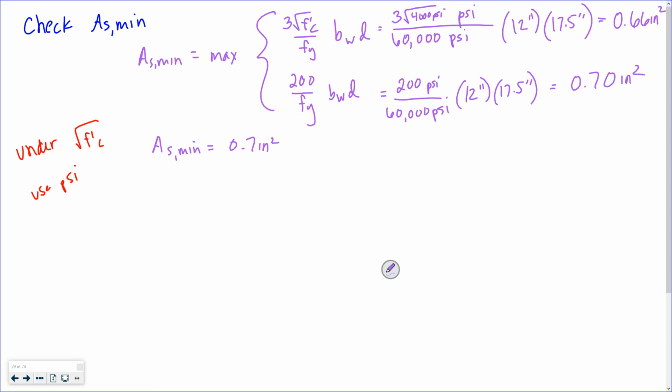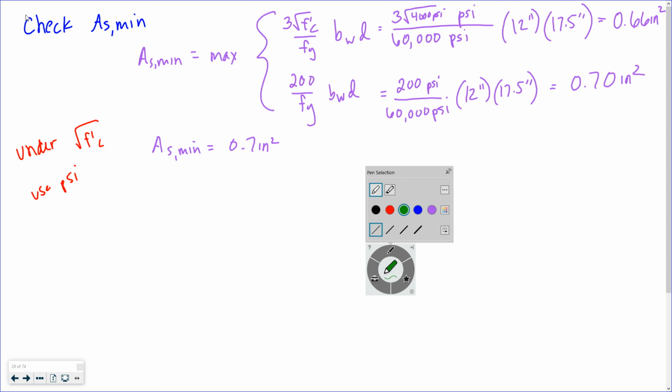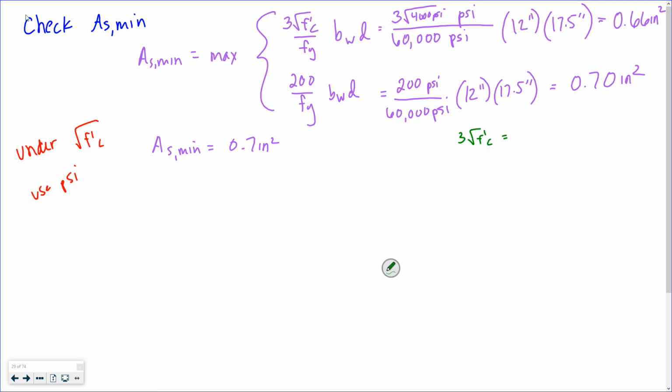You could probably also tell right here, right? 3 times the square root of 4,000 is like 190 psi, which is less than the 200 psi right here. So that's why the bottom one is going to control.